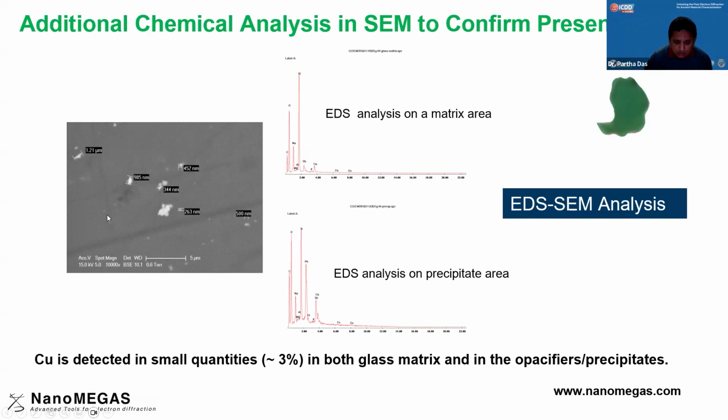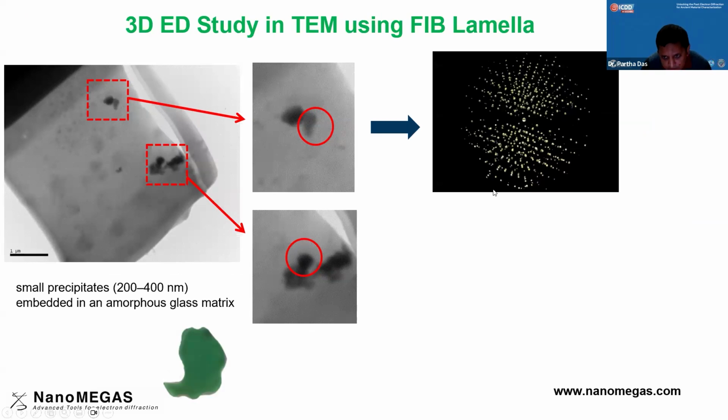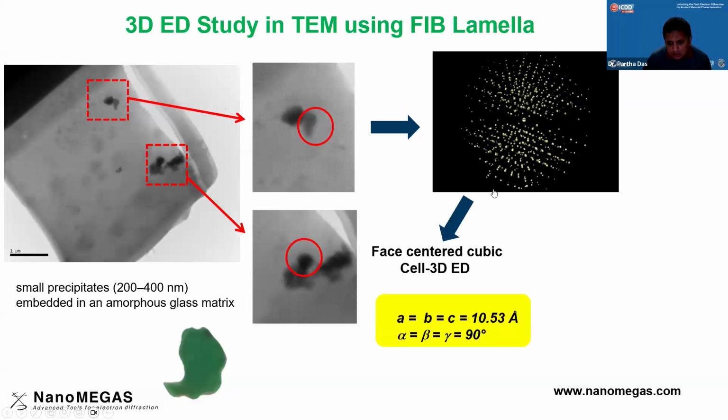Once we have all this chemical information, we then did some electron diffraction studies. We chose some crystals and collected some diffraction data. As you can see, usually the crystals are not well separated. There are crystals nearby, so you have to be very careful when collecting electron diffraction data from these samples.